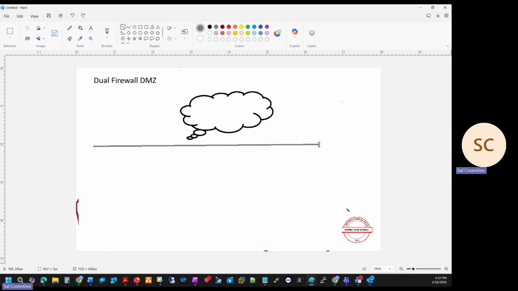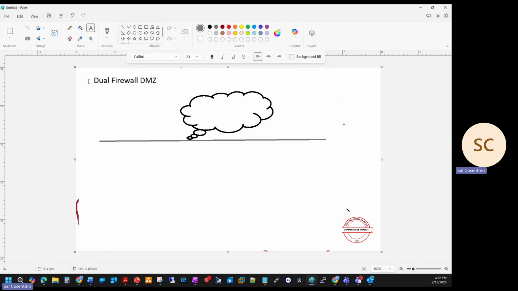And again, remember the external part of it, external, and then internal, inside.